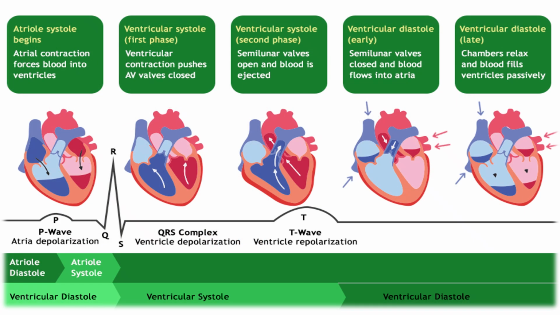One cardiac cycle consists of three parts. You have your atrial systole, followed by your ventricle systole, and finally your ventricle diastole. Ultimately, your mechanical function should be negated by that electrical conduction, and it should mirror what's going on.